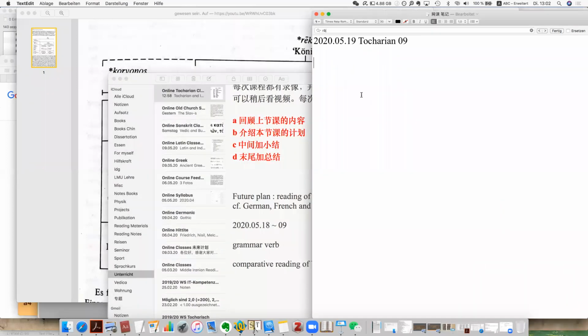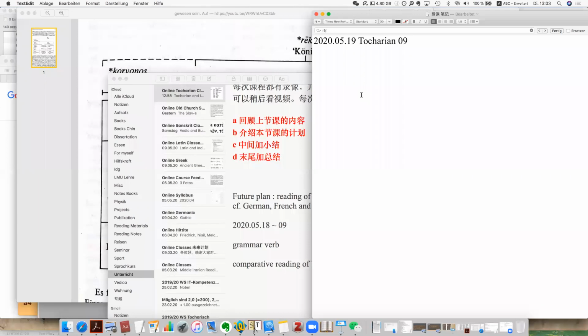Today's class actually has two parts. The first one is an introduction of grammar. As I explained yesterday in my German class, since we already know some basics of Tocharian and Indo-European linguistics, the normal schedule of our class will be two parts each time.